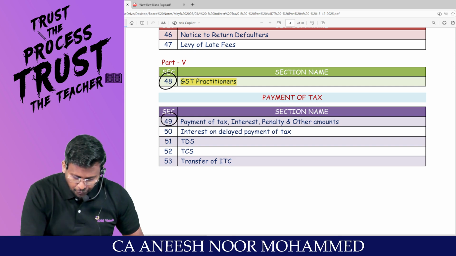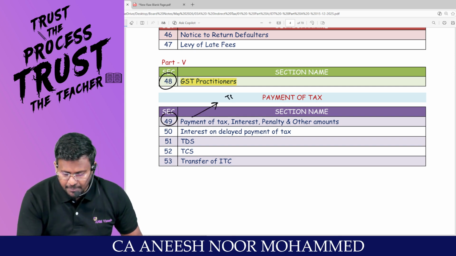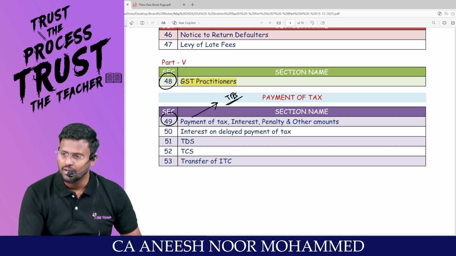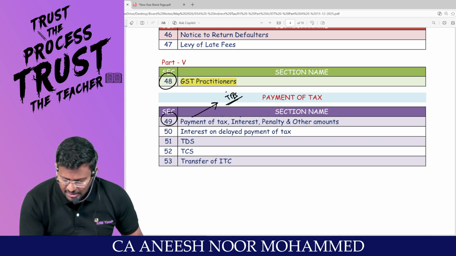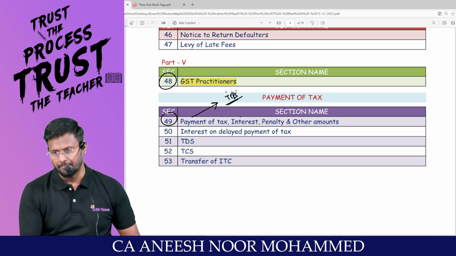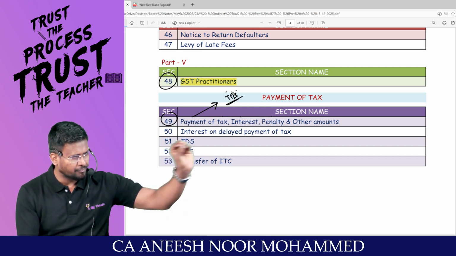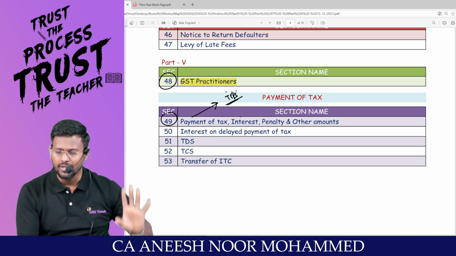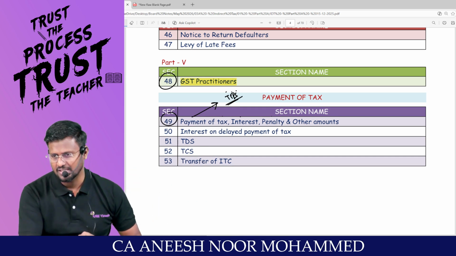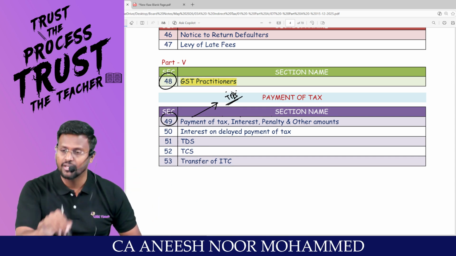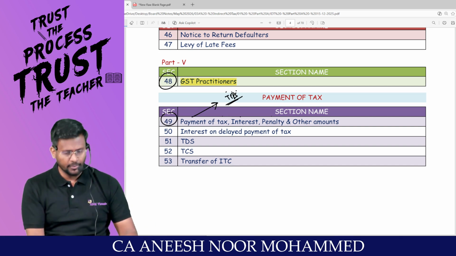Section 49 is what? Tax, interest, penalty or any other similar sum. At the time of filing the return, you are supposed to pay tax, interest, penalty or any other similar sum like late fee. Are you all really with me?